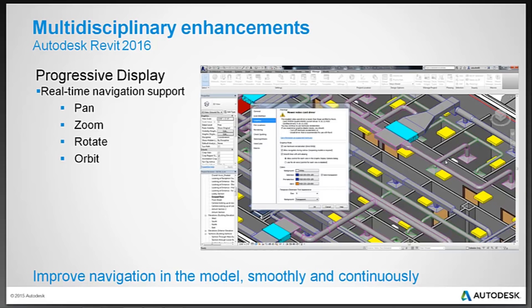It's a new option that allows you to interrupt the display of model elements as you move through the model. So now you don't have to wait for Revit to develop all the model elements graphically before you can zoom to another point or pan to another point. You're able to stop that and move at your own will. It is an option that is enabled by default. You are more than welcome to disable it if you want to, but I think you will all find pretty quickly that this is an option you will want to keep intact.